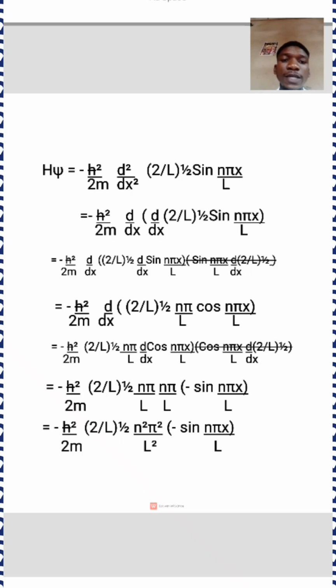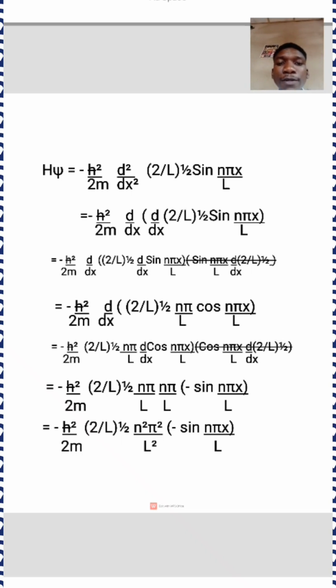You keep it constant, then you differentiate sine n pi x over L. Then you keep sine n pi x over L constant and differentiate 2 over L raised to the power 1 over 2. Since 2 over L raised to the power 1 over 2 does not have any x term in it, differentiating with respect to x, it becomes a constant and is equal to 0. Therefore, the whole of that term is cancelled out.